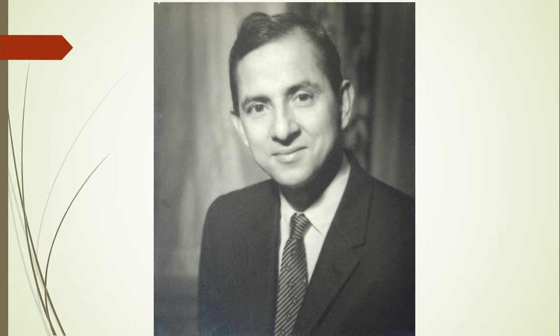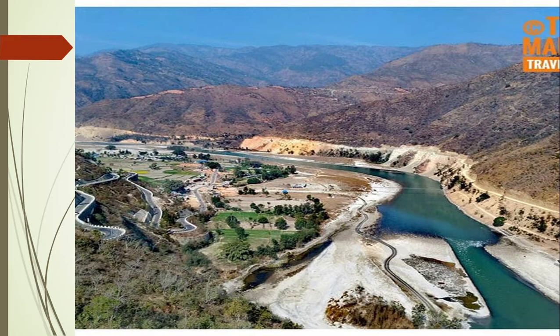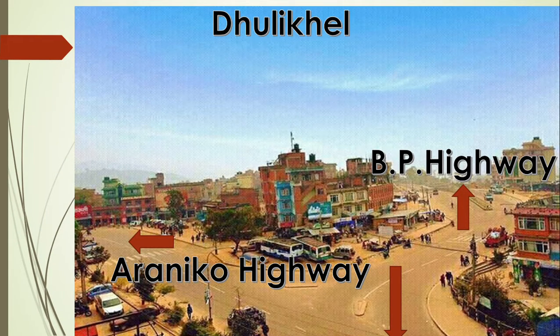The construction of BP Highway started in November 1996 with a grant assistance of Government of Japan. The main objective of the road is to connect capital city Kathmandu with Eastern Tarai.